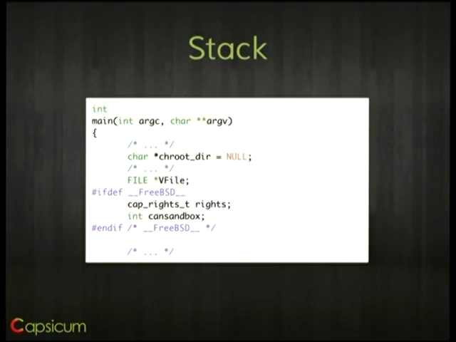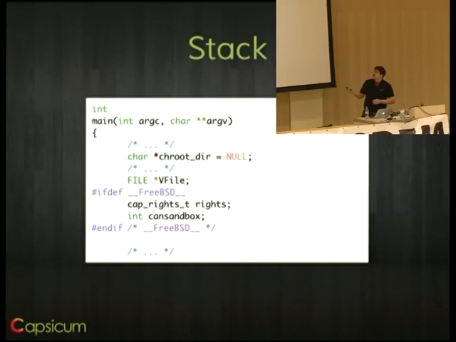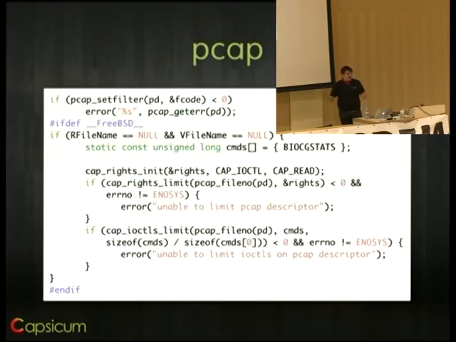So on the stack, we have to put some more stuff, not very much. We have put a little structure here that says the rights that you're allowed to have; you'll see what that structure is used for in a moment. So we limit the PCAP input device here. This ifdef under FreeBSD is in our vendor import, or contrib import, branch. And here is basically the difference required.